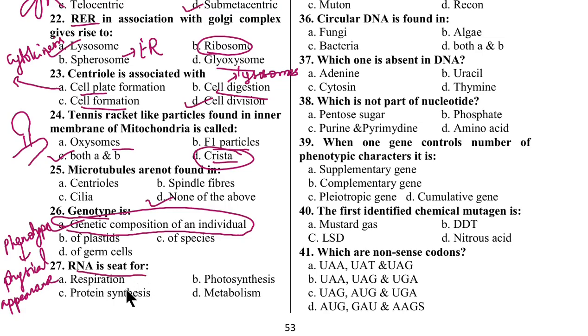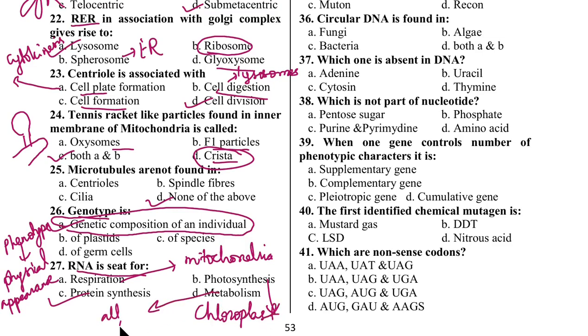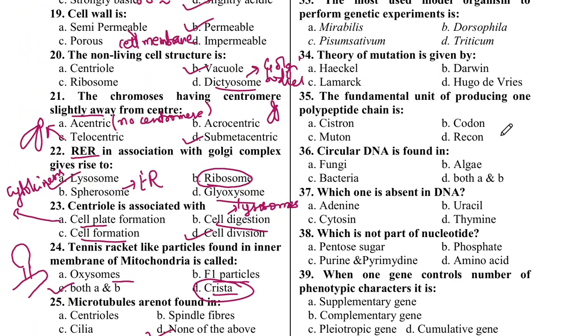RNA is meant for? It is for protein synthesis, obviously. In the case of respiration, it happens in mitochondria. Talking about photosynthesis, it takes place in chloroplast. And talking about metabolism, it takes place in all cells or the entire cell.